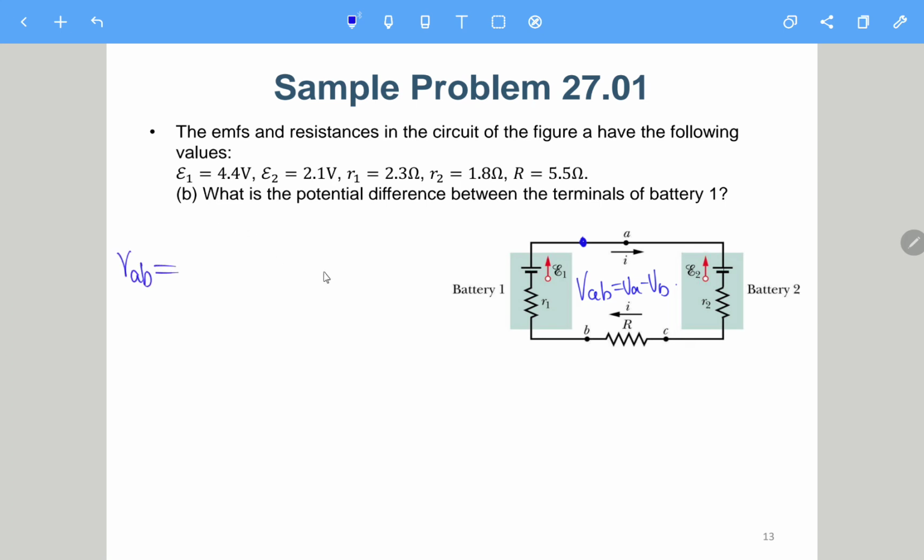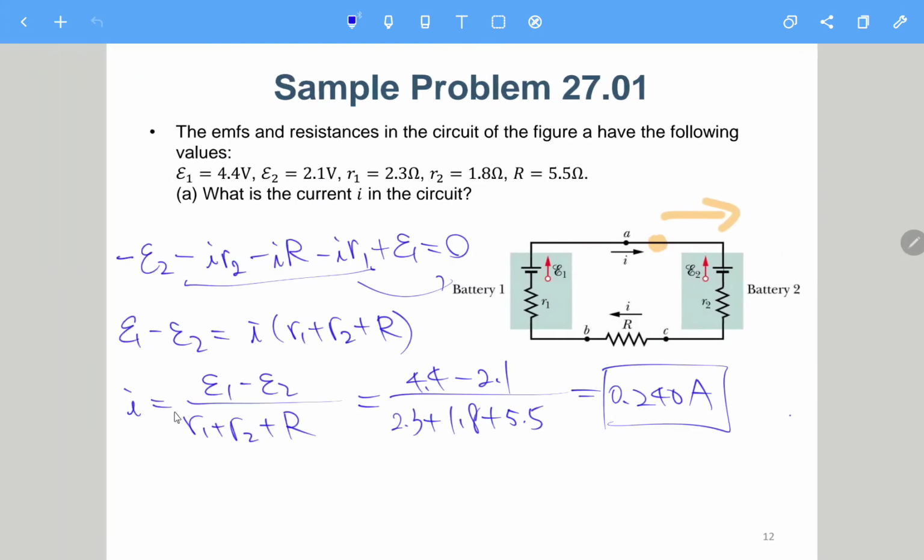VAB should start from this point B and then go in this direction. So actually here we know the I is a positive value.